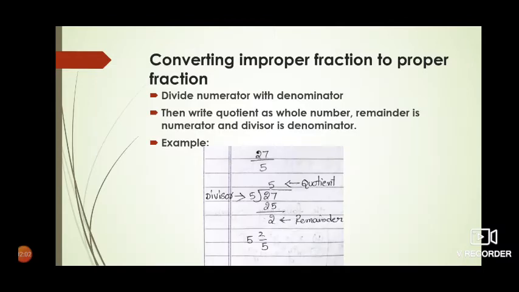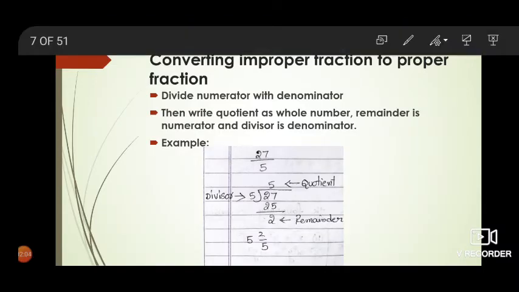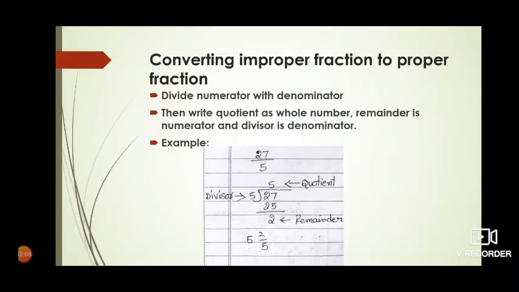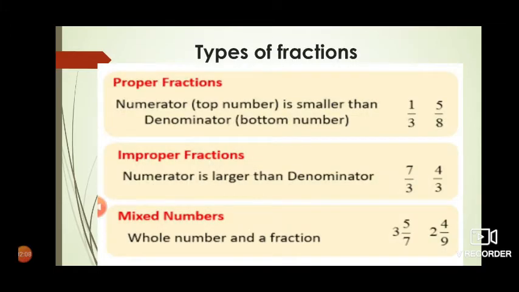Next, types of fractions. We mainly have three types of fractions. The first one is proper fraction. Proper, improper, mixed. The name itself shows proper way. It is proper if the numerator is less than the denominator.